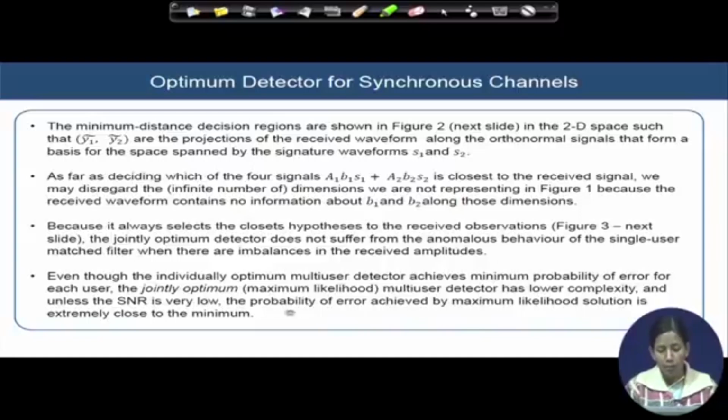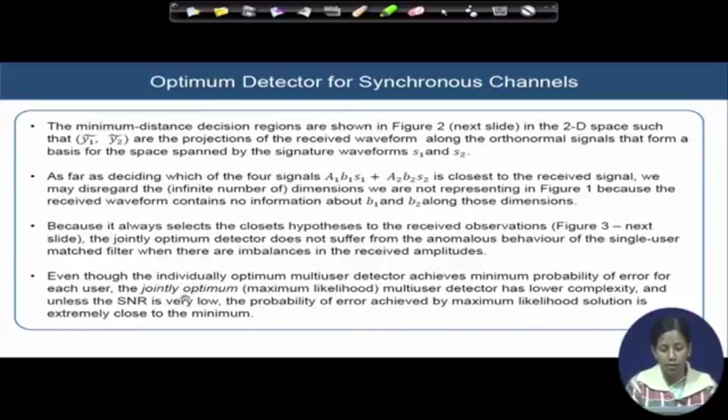The jointly optimum multi-user detector has a much lower complexity, and unless the SNR is really very low, the error probability achieved by this maximum likelihood solution is extremely close to the minimum one. So the question is, if I can attain the minimal error for each and every user by the first approach, individually optimum multi-user detection, why should I go ahead with the jointly optimum case?